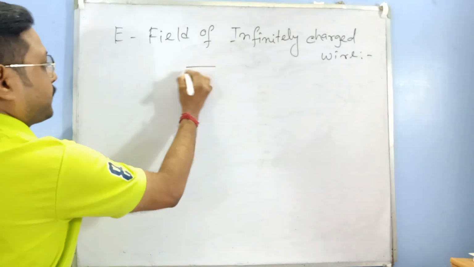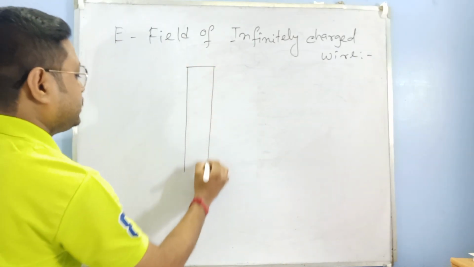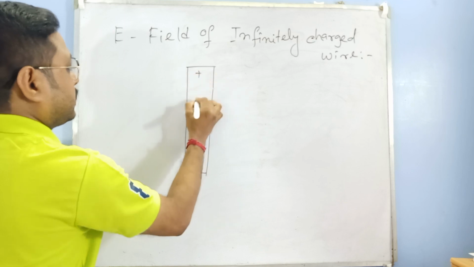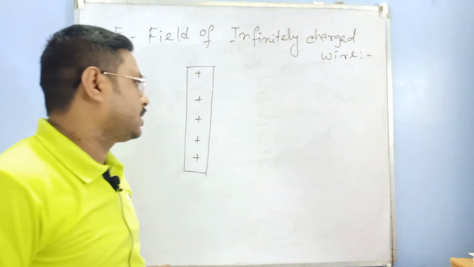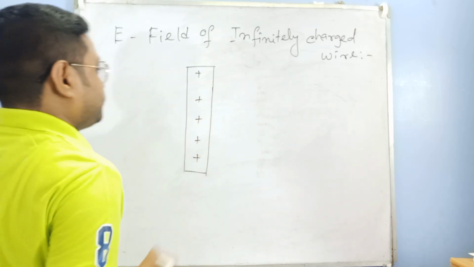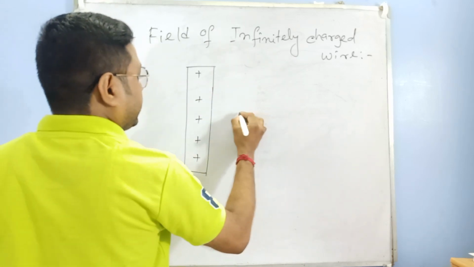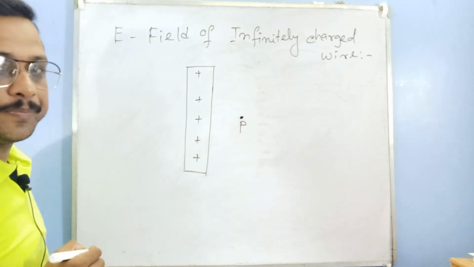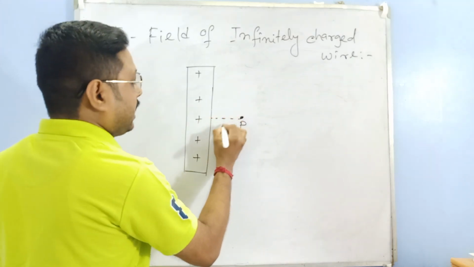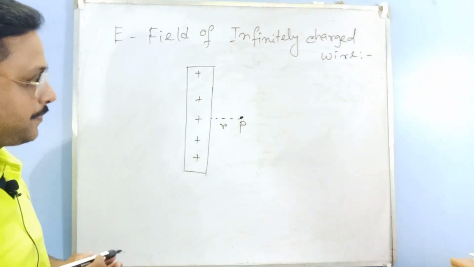Let us take an infinitely charged wire. For convenience we can say that this is positively charged. So we have to find out the electric field at point P, which is at a distance small r from the wire.